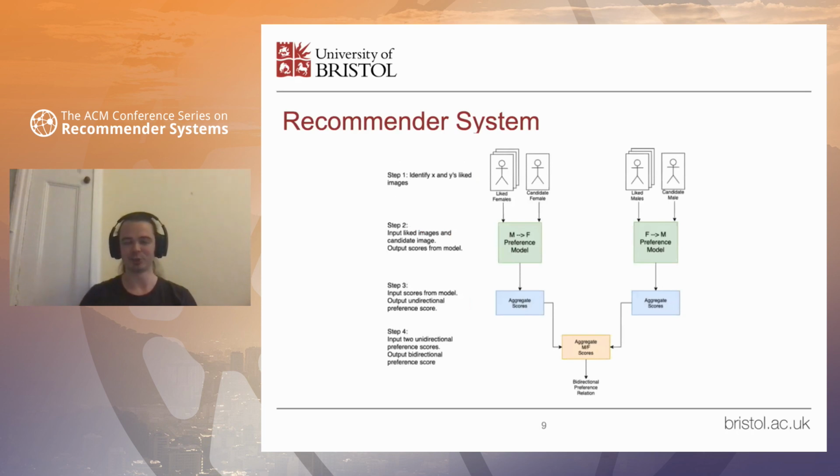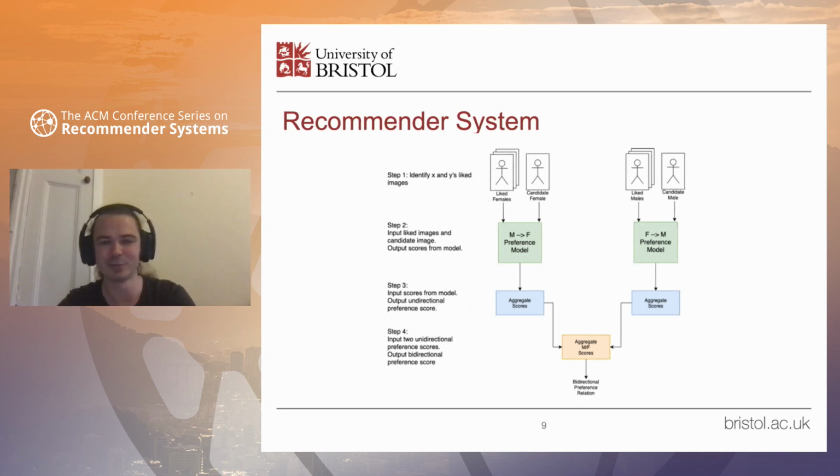Using this model, we were able to design a recommender system that predicts whether 2 users will match or not, which is the end goal of reciprocal recommendation: to predict a match rather than just a unidirectional like. For candidate users, for example A and B, we compare B's photo to A's previously liked photos, and A's photo to B's previously liked photos.